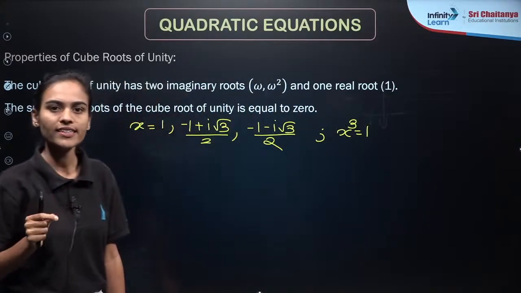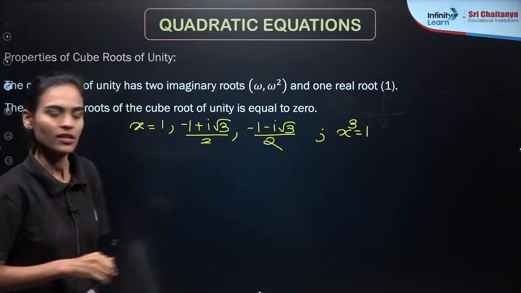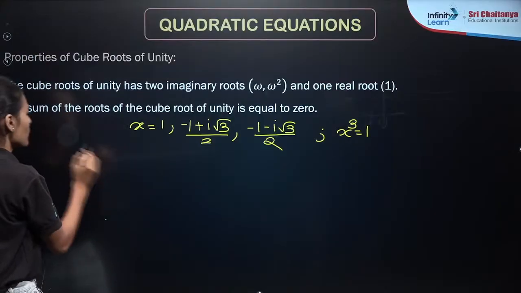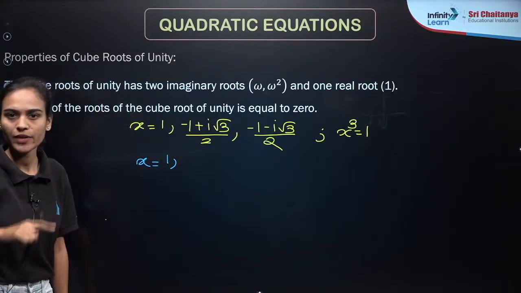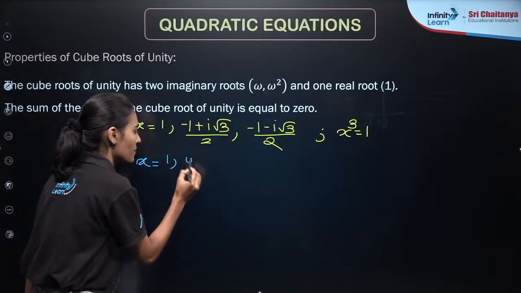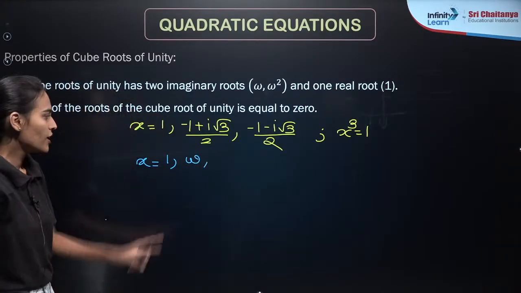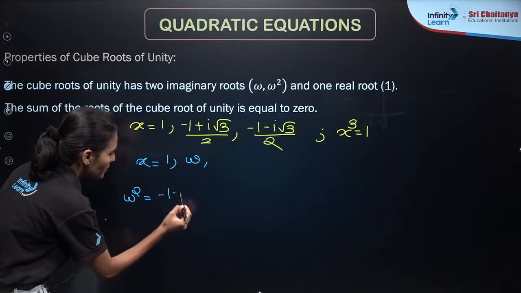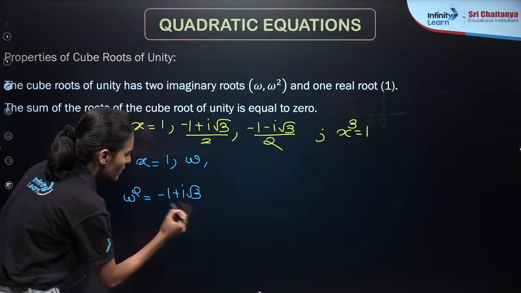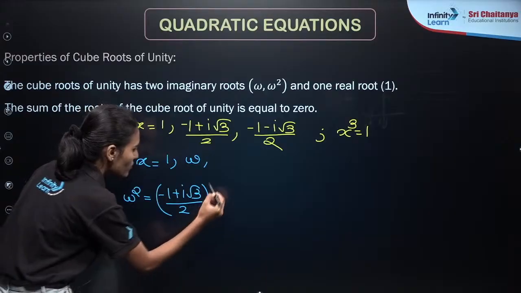Now there are standard names for these roots. So they will say x as 1, and minus 1 plus i root 3 by 2, this is called omega. Okay? So suppose you calculated omega square, you will get minus 1 plus i root 3 divided by 2 whole square.